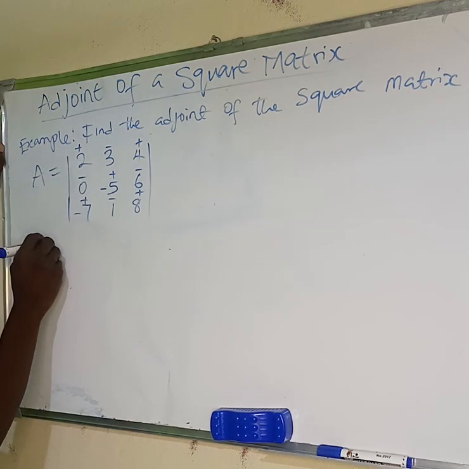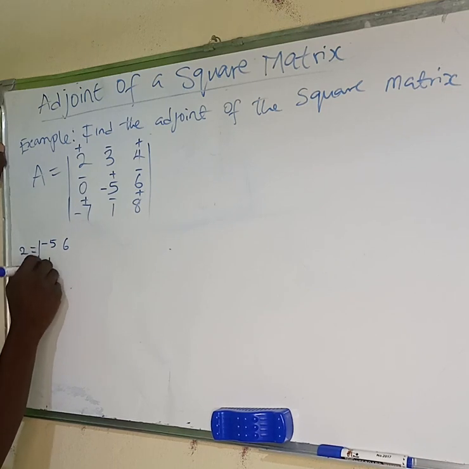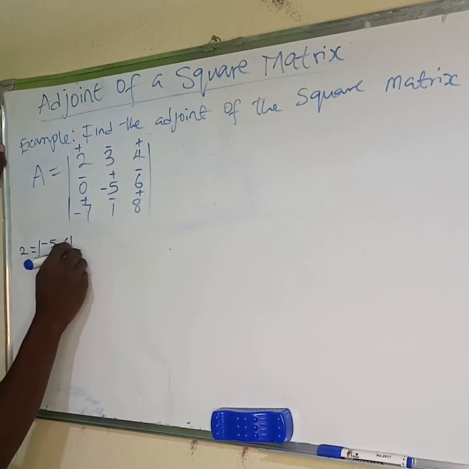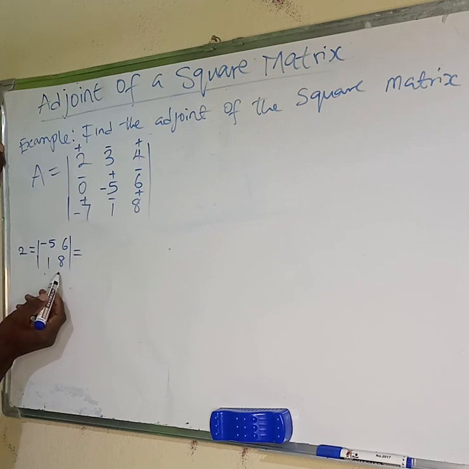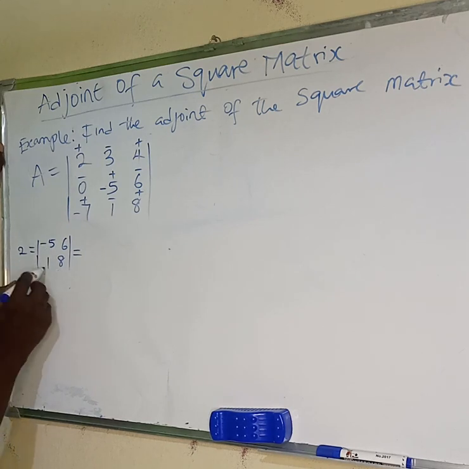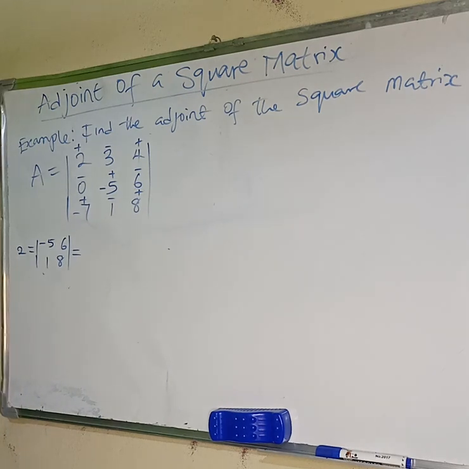So we write them: negative 5, 6, 1, and 8. As usual, this will multiply this. Whatever we get will minus this, multiply this. So that is how it goes. We have done cofactors before. Please, if you don't understand, go to my previous video and watch how we did cofactors, how we solved them.